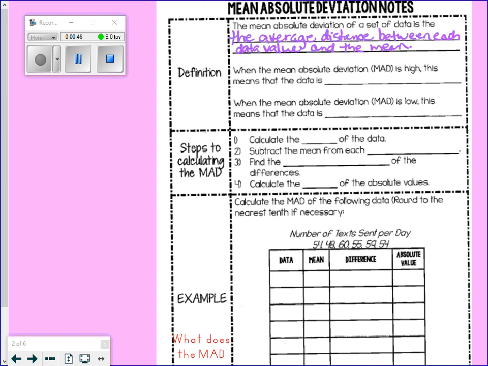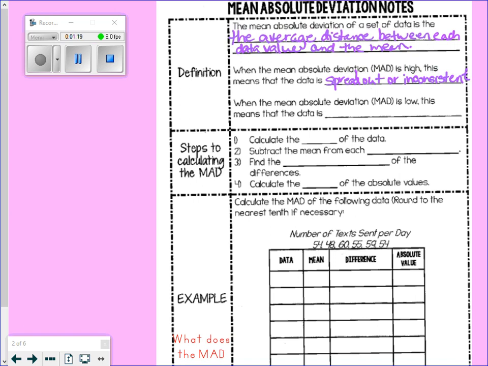All right. When the mean absolute deviation is high, this means that the data is very spread out, or inconsistent. So going back to the warm-up, which class period may have a high mean absolute deviation?